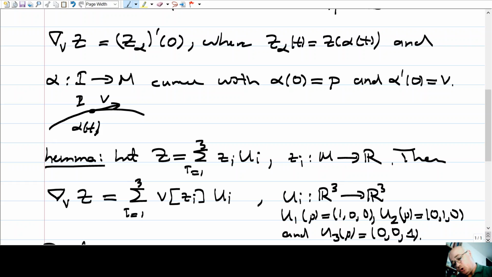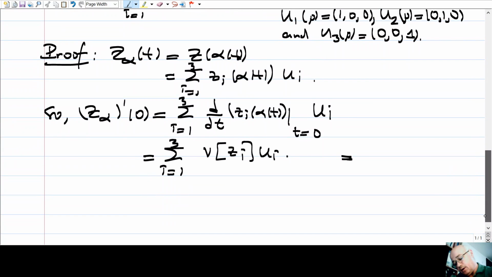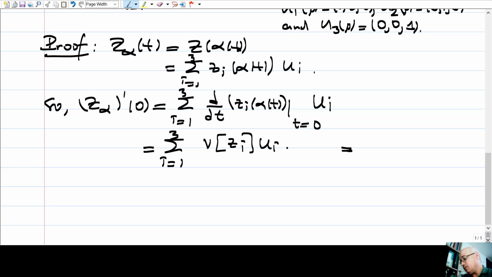And this lemma shows that. Why is that? Because it shows that this object, although it is defined using the curve alpha, here you see that there is no alpha, it is just given in terms of the vector v. Therefore, this definition is independent of alpha. Therefore, a covariant derivative defined like this is a well-defined object.